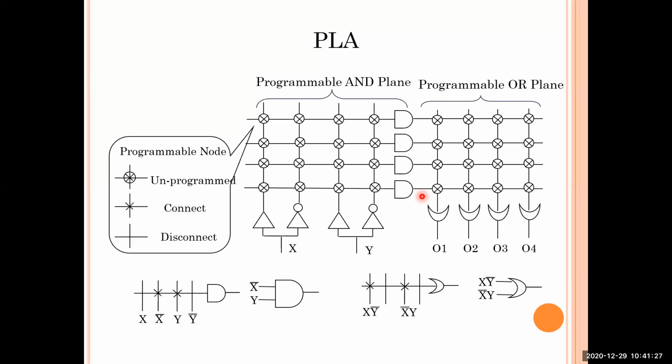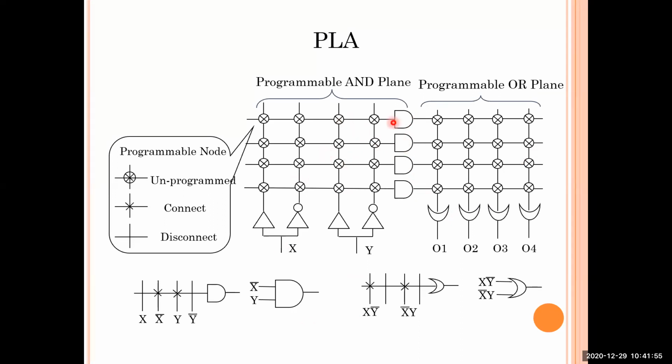So now let us go into more detail about what is meant by PLA. A PLA consists of an AND plane and an OR plane. For each input variable in a Boolean equation, there is an input signal to the AND plane.